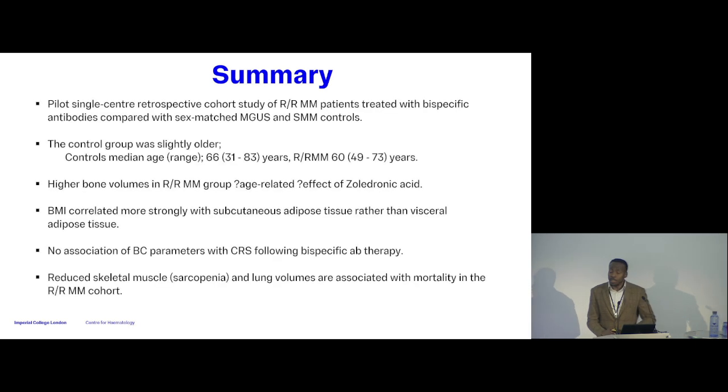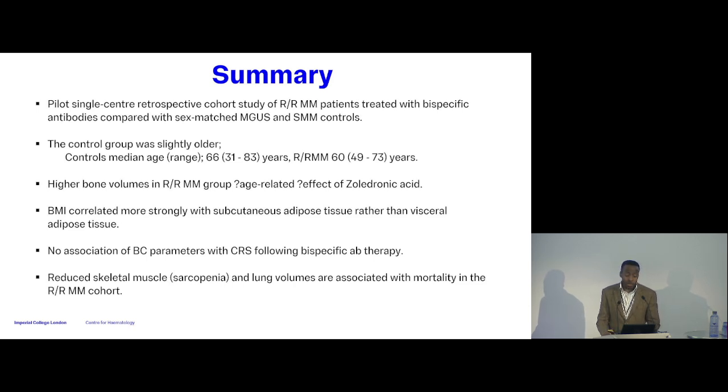In summary, this pilot study compared relapsed refractory myeloma patients who had received bispecific antibodies with sex-matched controls. Although our control group was slightly older, we found higher bone volumes in our study group, and this may be related to age, with our study group being slightly younger, or the effects of previous zoledronic acid therapy.